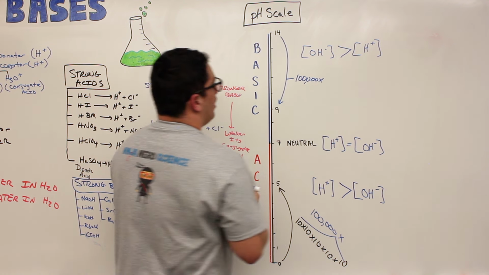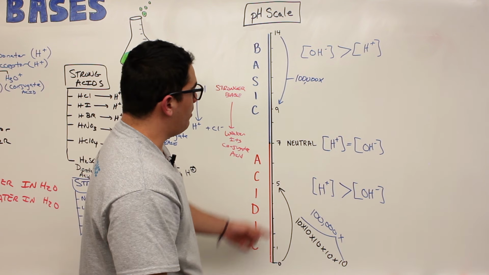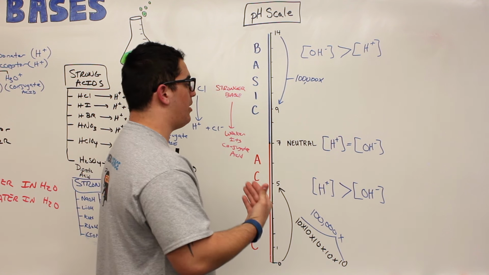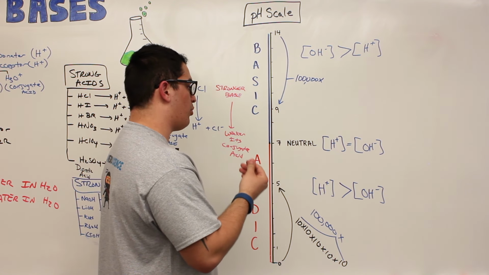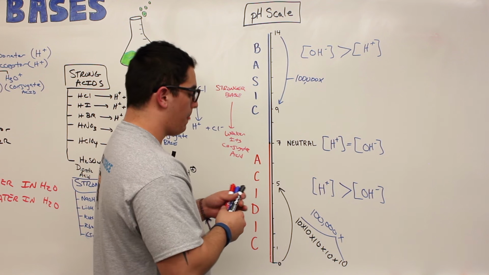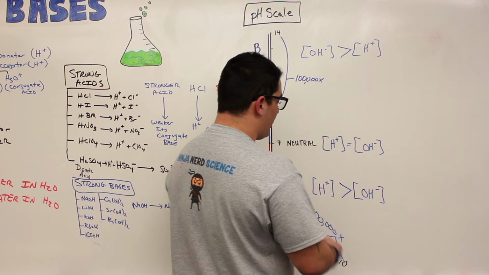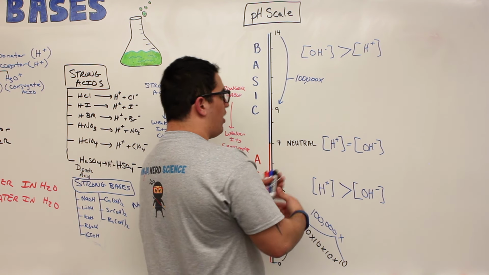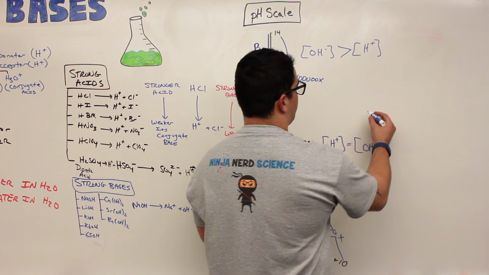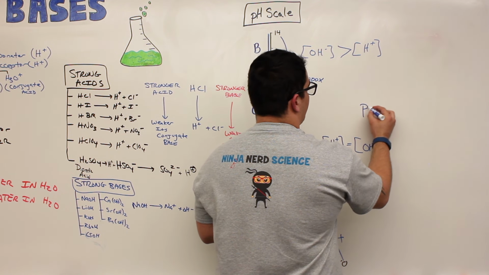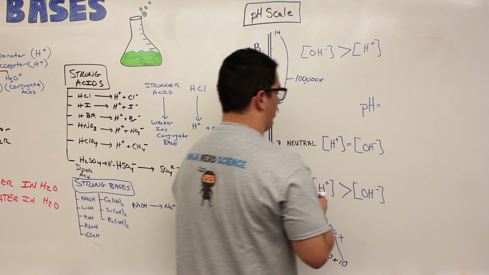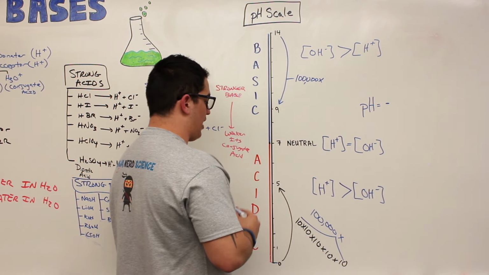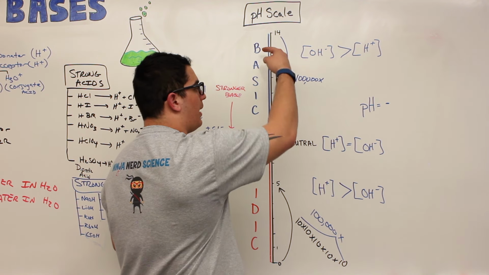Okay? Now another thing. Because it's this base 10, if you will, change, they came up with a way to be able to calculate a specific number, which we call pH, right? And so what they said is, okay, well, we can technically figure out what the pH of a solution is, since we have this scale now. And what they said is we could actually say that pH is equal to, we put a negative in there, for mathematical sake, and we said it's a log base 10 relationship.